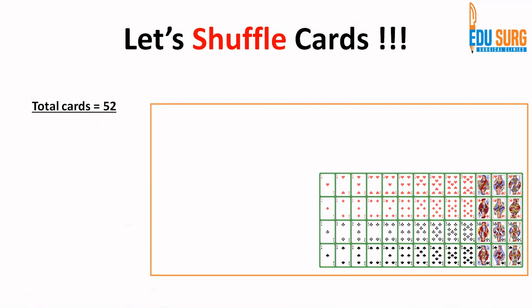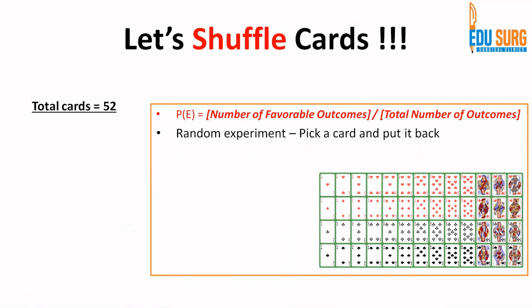Now, when we start shuffling the cards, the probability of an event. So we will give you an example here: the probability of an event that you are picking up a card and putting it back, and different events can be summarized like probability of a heart card, probability of a picture card, probability of an ace, right?